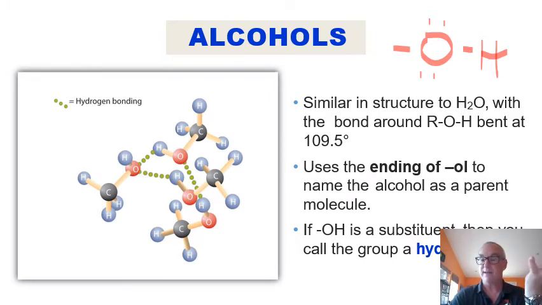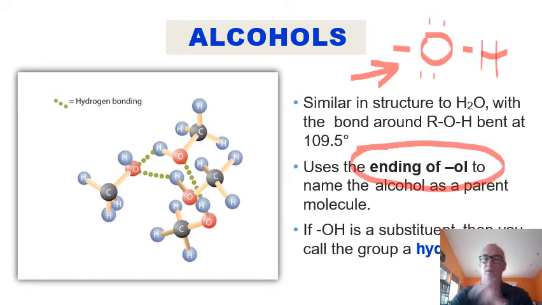And when we name it, we would just have to say where the hydroxyl group, the alcohol substituent group, is. And we just use the ending OL to indicate that it's a chain of carbons with an alcohol group somewhere in it. And then in the name, we would give the number to say which carbon has the alcohol group or the hydroxyl group attached to it.